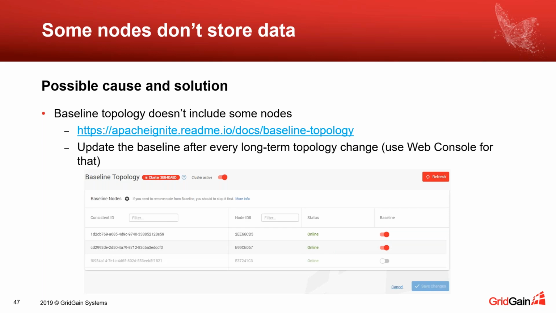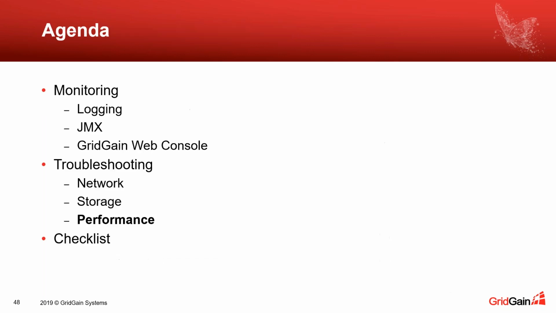And if you just started a new node, it will not be a part of the baseline, and it will not store the data. To make sure it stores some data, you need to include it into baseline topology. And again, you can do it with a screen that is made just for that in Web Console.